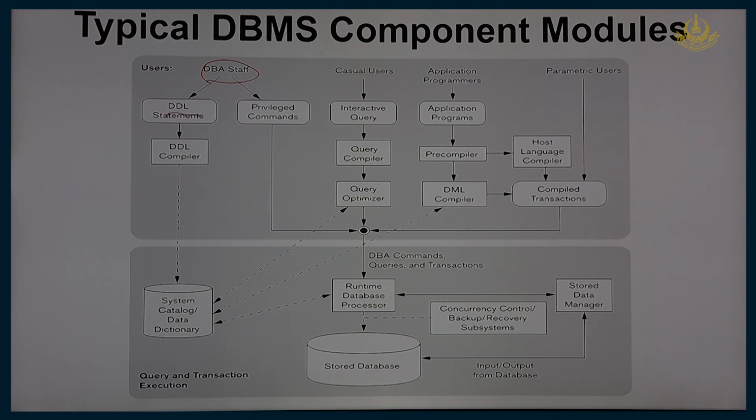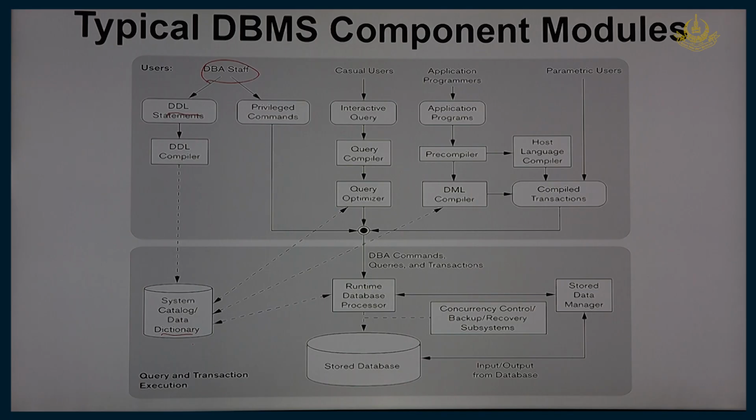They write the data definition language statements or queries, then the DDL compiler should execute them and send them to data dictionary or repository. So these are saved in data dictionary, and most of these commands are privileged only by DBA staff.